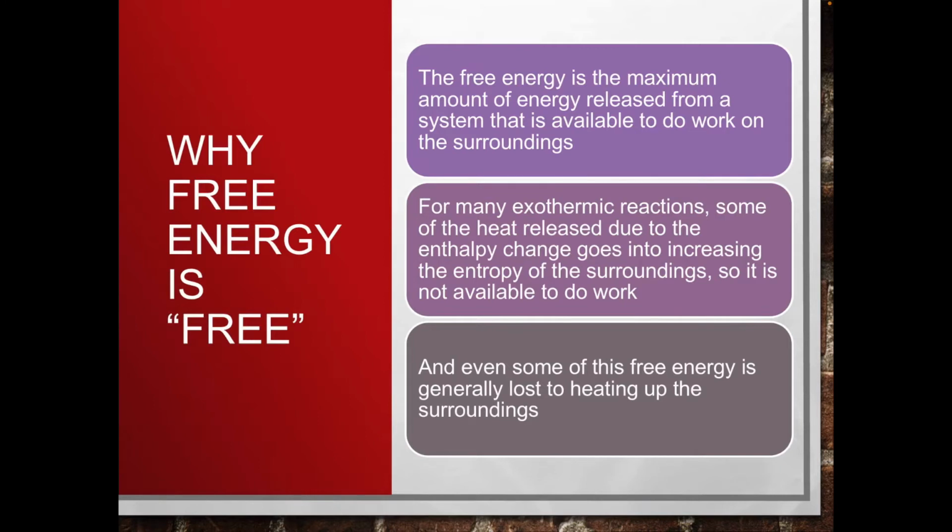Some of this free energy is lost due to heating up the surroundings. So not all of the energy from our reaction, even a spontaneous or exothermic reaction, is available to do work because some of it is being lost as heat. So we're looking at the amount of energy that is free to do the work.